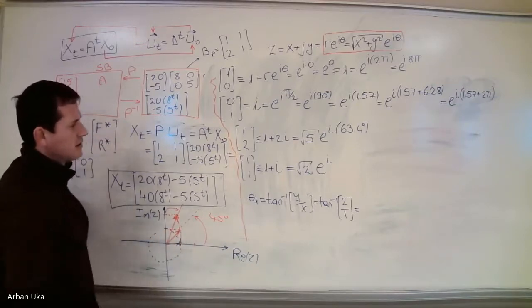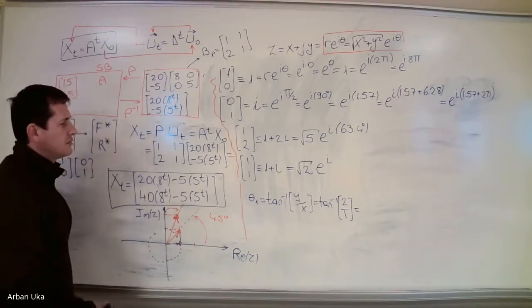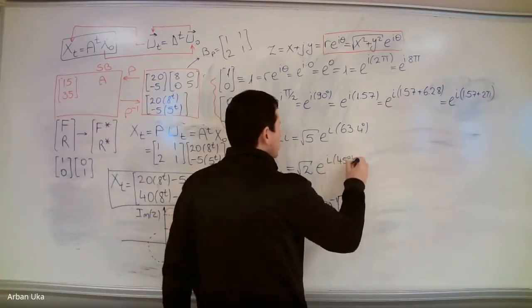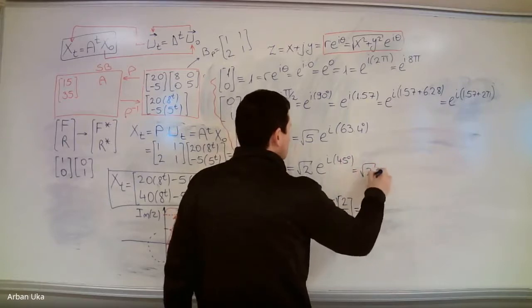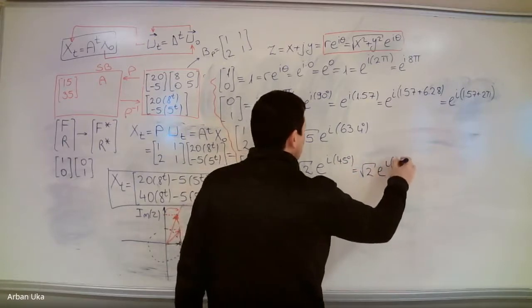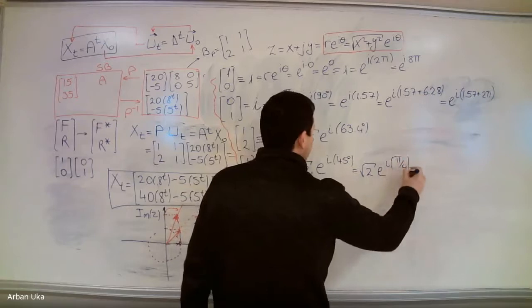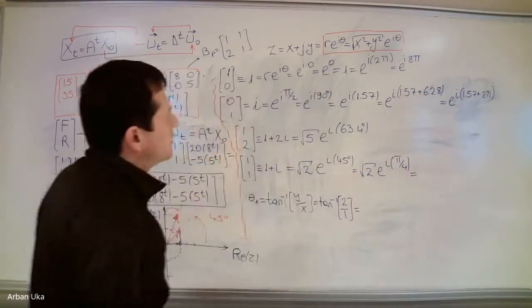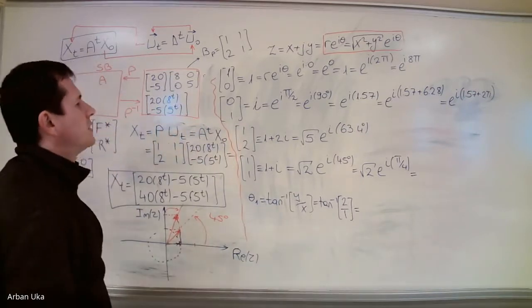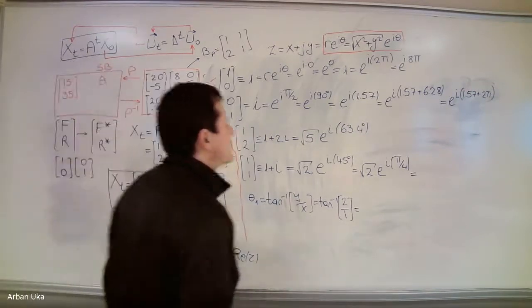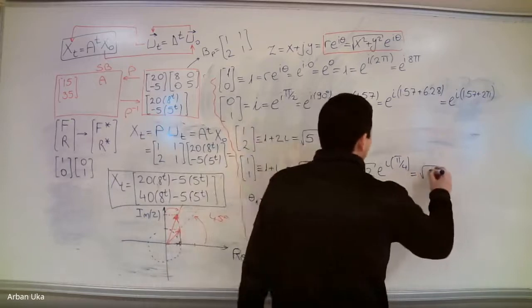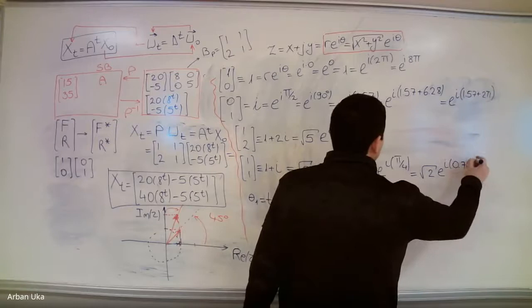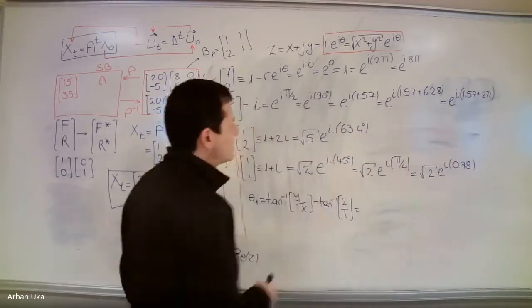So this is 45 degrees, or square root of 2 e to the power i times pi over 4, or equal to 1.57 divided by 2, 0.78 radian. This is degrees, okay?